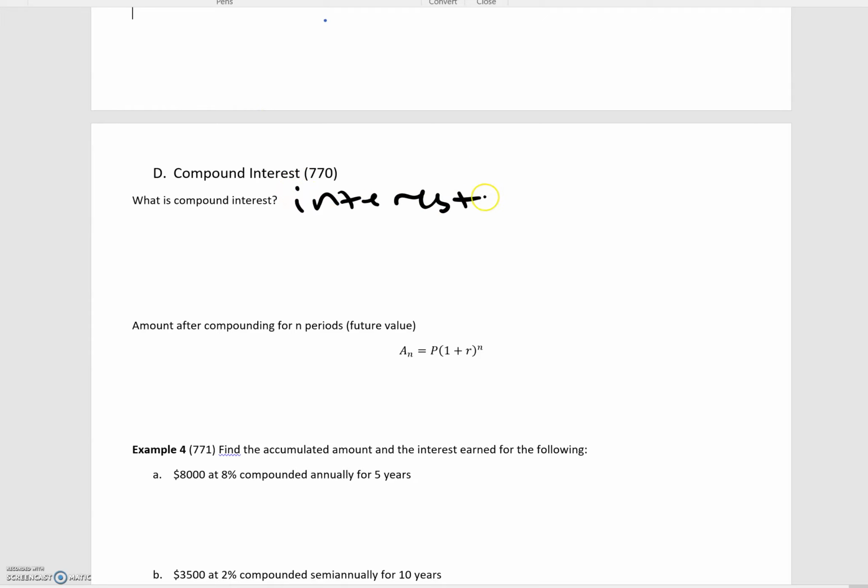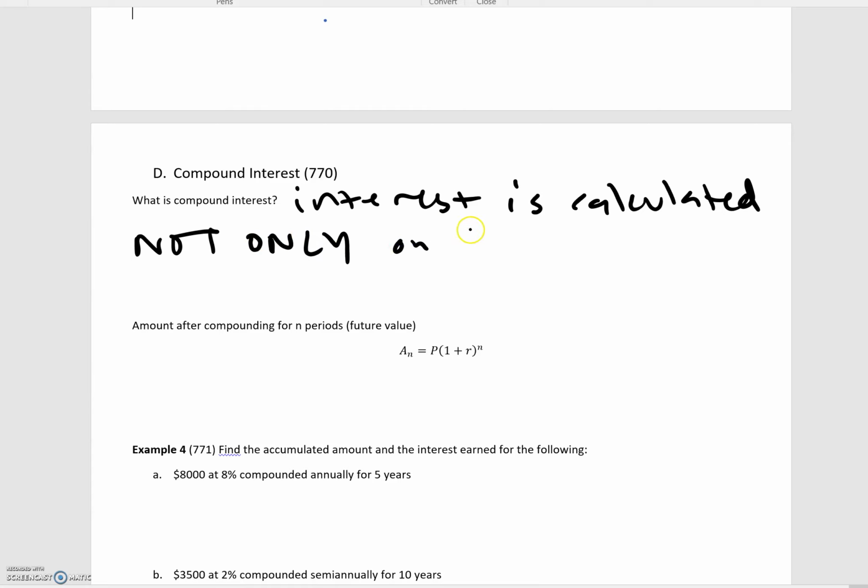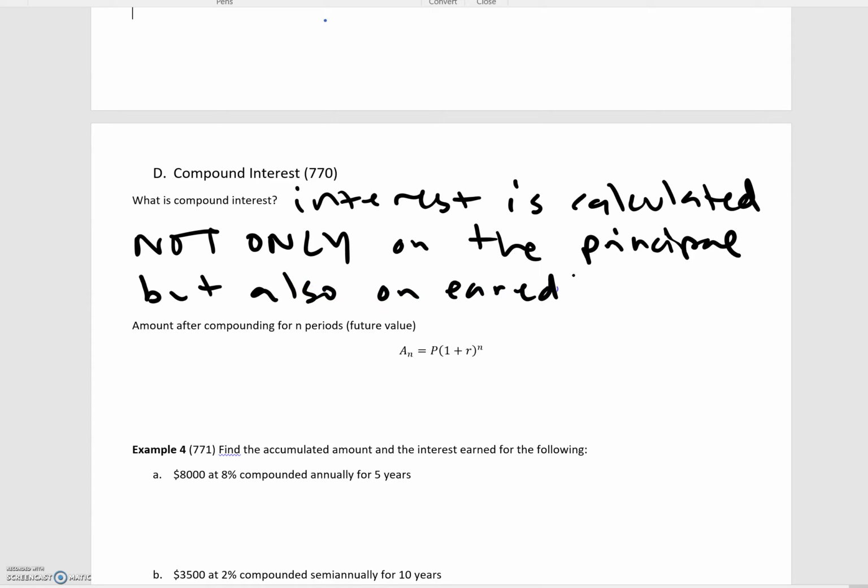Interest is calculated not only on the principal, but also on the earned interest.